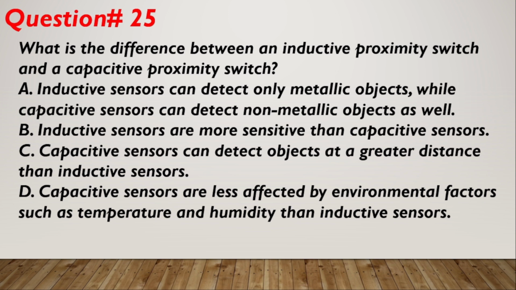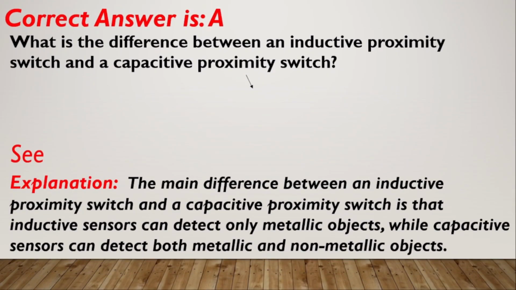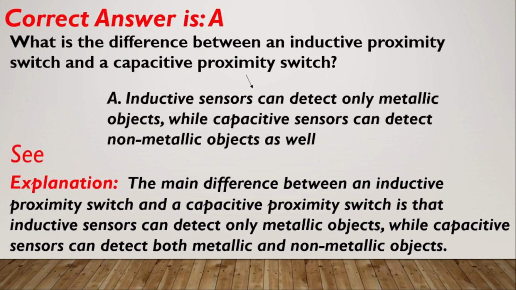C. Capacitive sensors can detect objects at a greater distance than inductive sensors. D. Capacitive sensors are less affected by environmental factors such as temperature and humidity than inductive sensors. Correct answer is A. Inductive sensors can detect only metallic objects, while capacitive sensors can detect non-metallic objects as well.